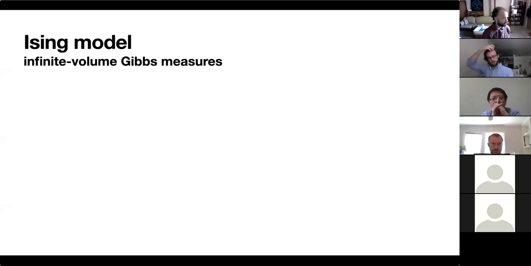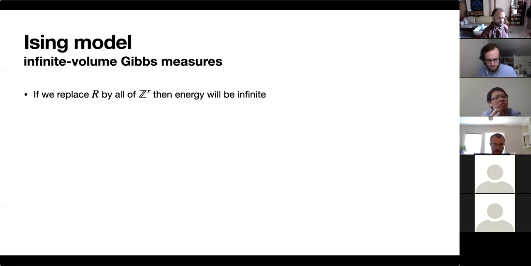Okay, so the approach that we're going to take to begin with: we have these two notions of equilibrium. The first, the more fundamental one thermodynamically, was the minimization of the free energy. But then we also showed that the Gibbs measure is the equilibrium measure. So the first thing we're going to generalize to infinite systems is the notion of a Gibbs measure. But we immediately have a problem, because the Gibbs measure was supposed to be proportional to e to the minus beta times energy.